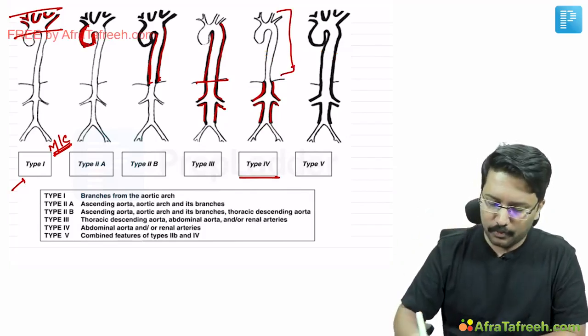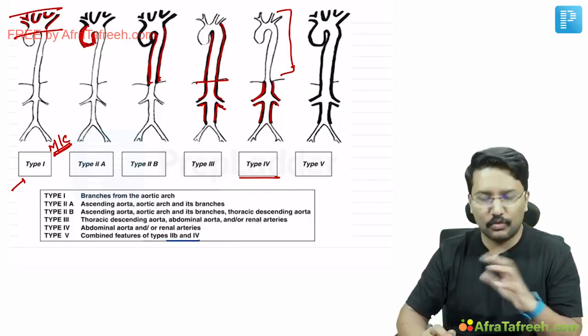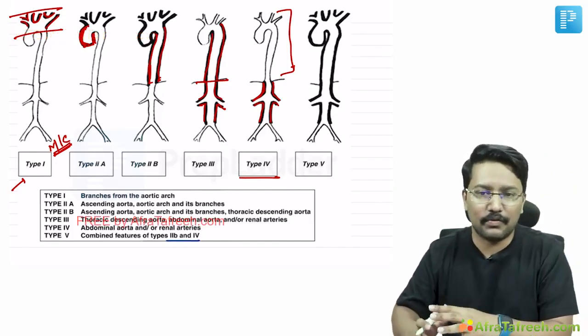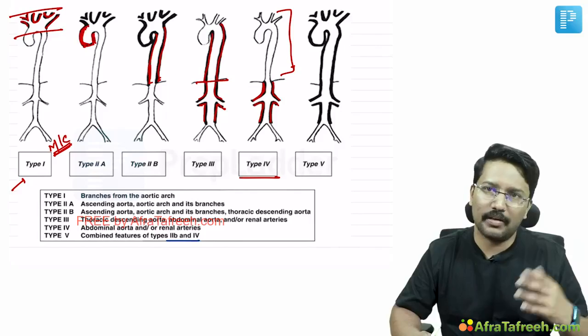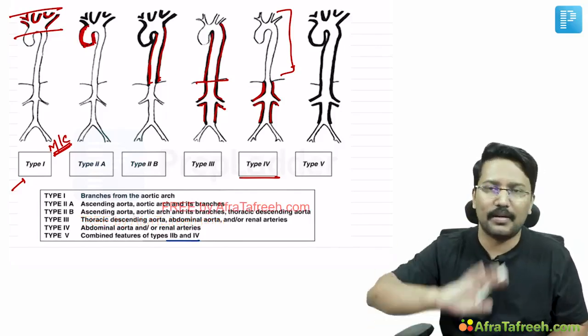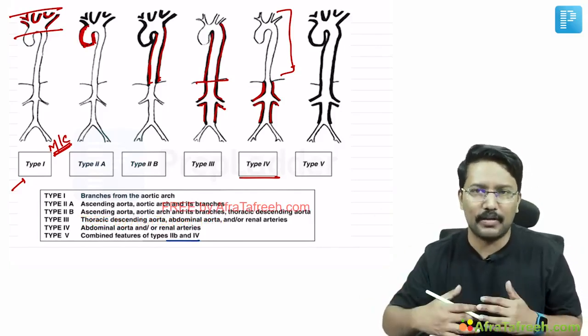Type 5, often books describe it as a combination of 2B and 4, right? So 2B is where everything above the diaphragm is affected, and in case of 4, either the abdominal aorta or renal artery is affected. So in simple words, type 5 is the extensive one, right? Every part of the aorta is affected, above the diaphragm and below the diaphragm.